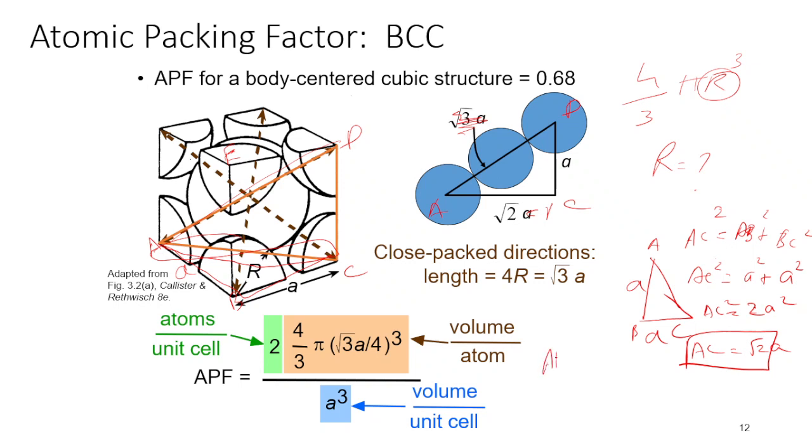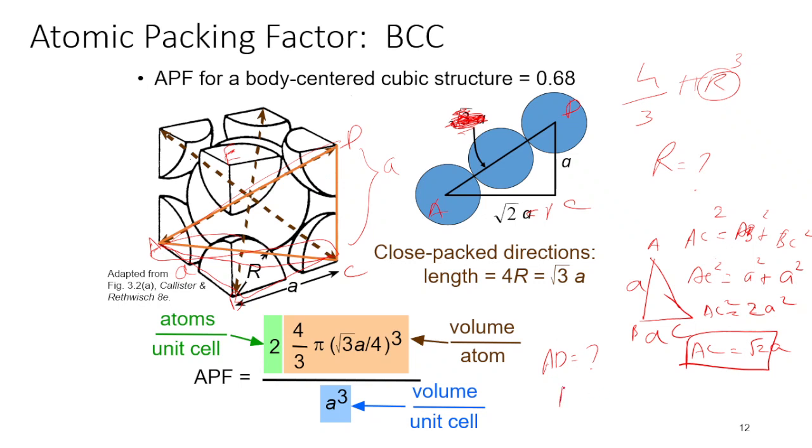AD is equal to question mark as of now. We have to find it. But we already know AC, and we also know CD. This is also another side, so this is also a, no? So we have to find only this diagonal element.